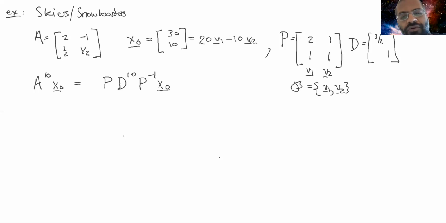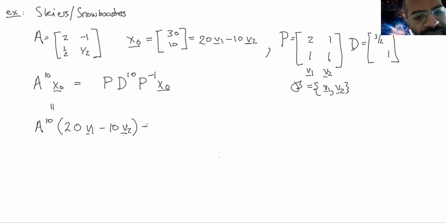You could find that by row reduction. And so another way to view this product is that this is equal to A to the 10 times (20 times V1 minus 10 times V2). And then by linearity, that's just 20 times A to the 10 V1 minus 10 times A to the 10 V2.